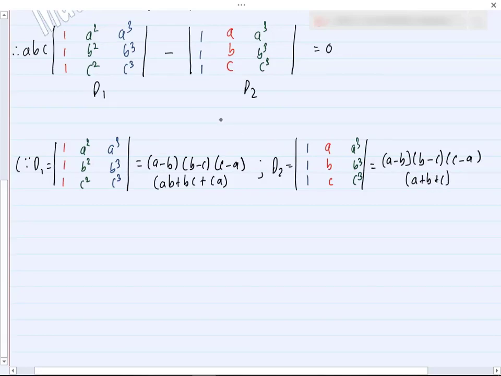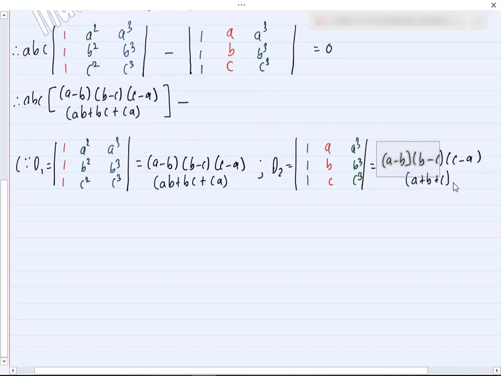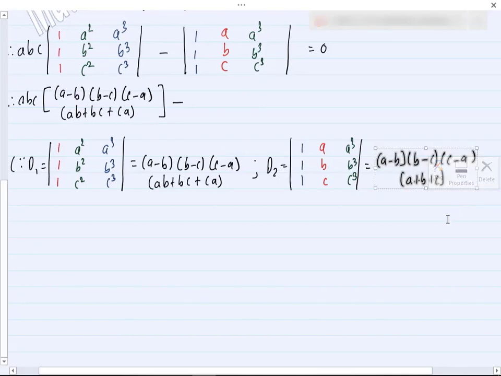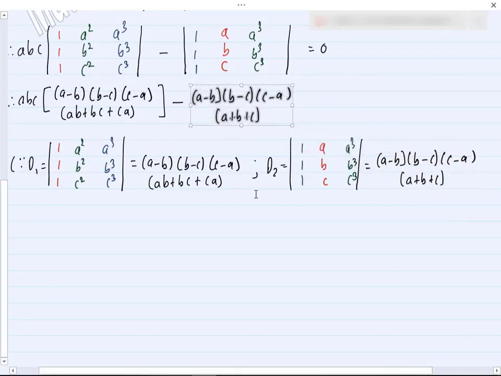So let's put the value of D1. So this ABC will be as it is, and here we will get (A minus B)(B minus C)(C minus A) into (AB plus BC plus CA), minus the value of D2, which is equal to (A minus B)(B minus C)(C minus A) into (A plus B plus C), put over here, is equal to 0.